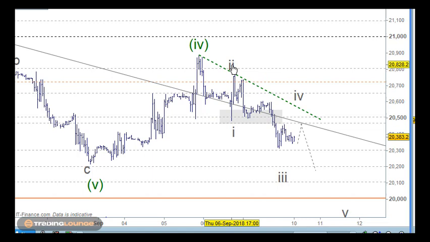Put it there. On the cash market, this wave 1 might be here, but I'll put it here. That looks better here. And then 1 and 2 and 3 and 4 and 5. So I think that's wave 3 here.